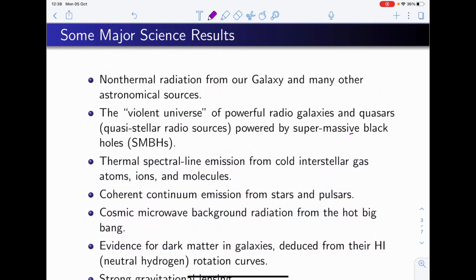Okay. Let's have a look at some of the more important science results from radio astronomy. One of the first ones was the non-thermal radiation from our galaxy. I think this non-thermal radiation was synchrotron.